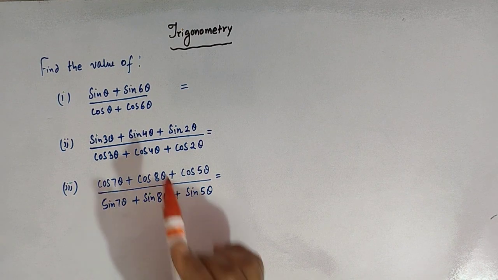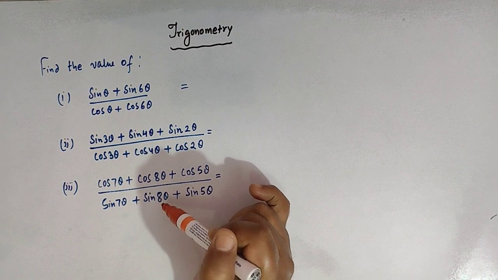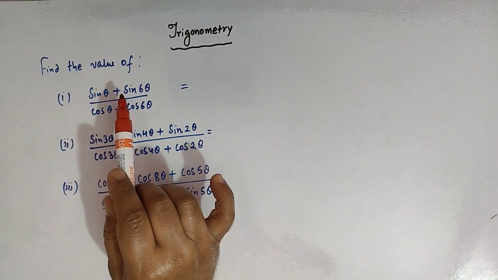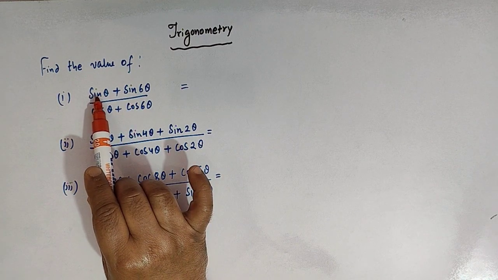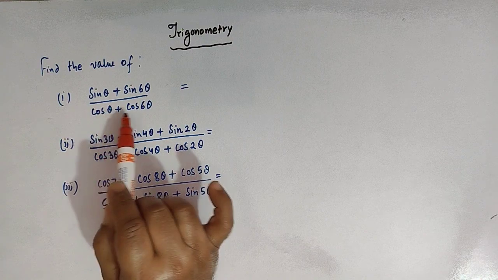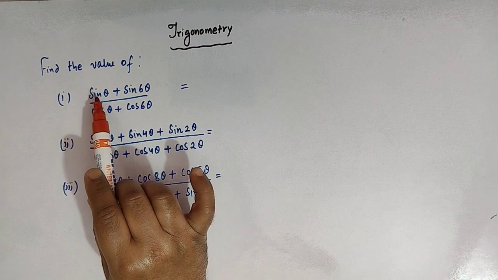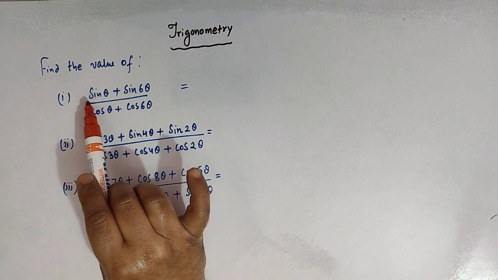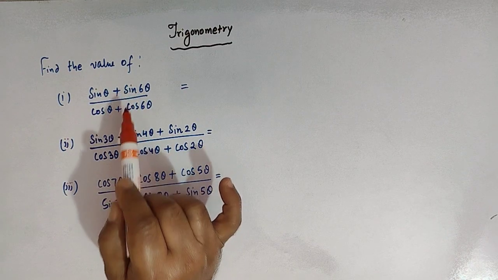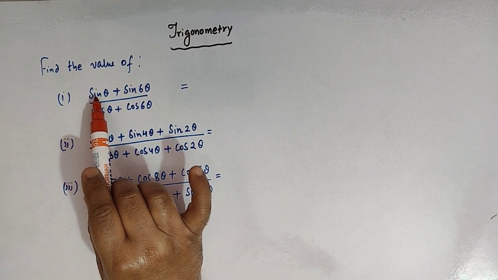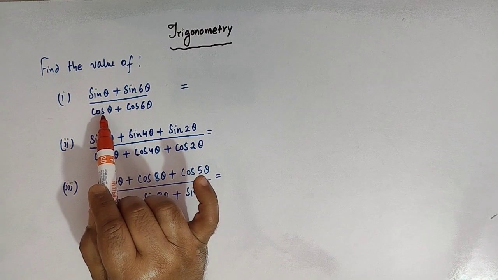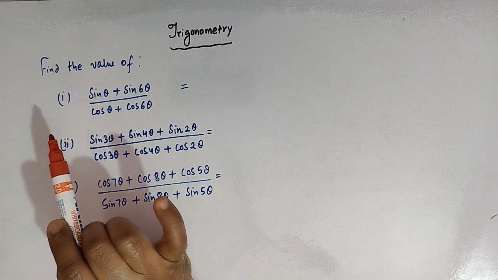So we see that in these three expressions, the number of terms in the numerator and denominator are equal. Here we have two terms in the numerator, similarly in the denominator we have two terms, right? So here we have two sine terms, here also we have two cosine terms, right?